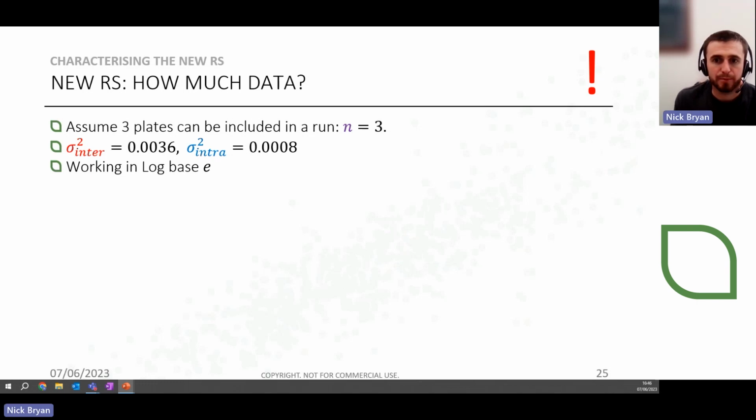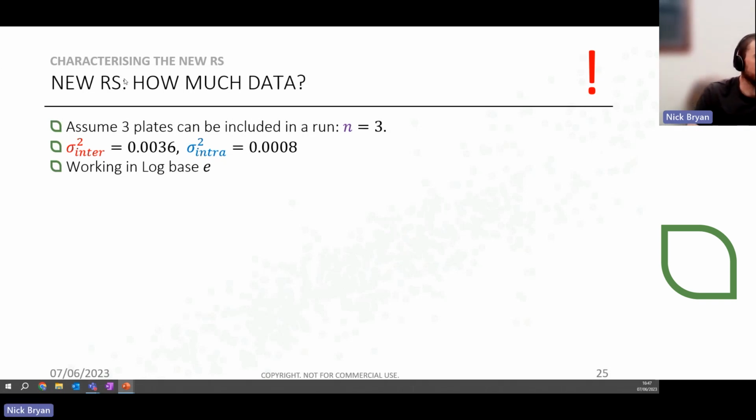We also, before we start, need to have an initial estimate of our inter-run and intra-run variation to get us started with these calculations. Often these values of inter and intra run variation are established from our intermediate precision assessment that we do during validation.